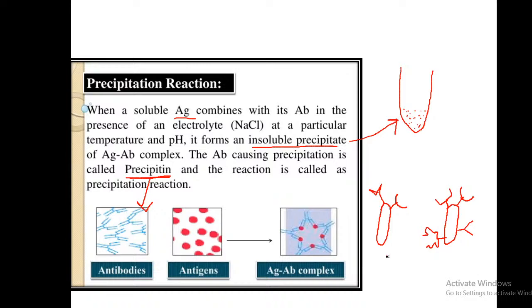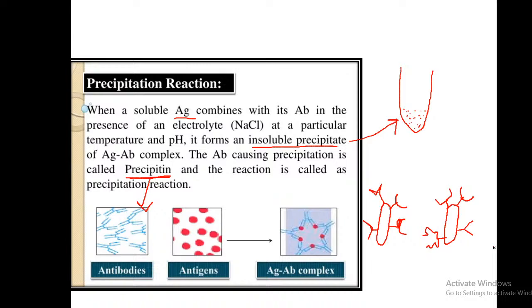It can be bivalent, multivalent or polyvalent, but it should have at least 2 copies of the same epitope. This is the epitope. At least two copies of an epitope should be there on the antigen for effective precipitation reaction.